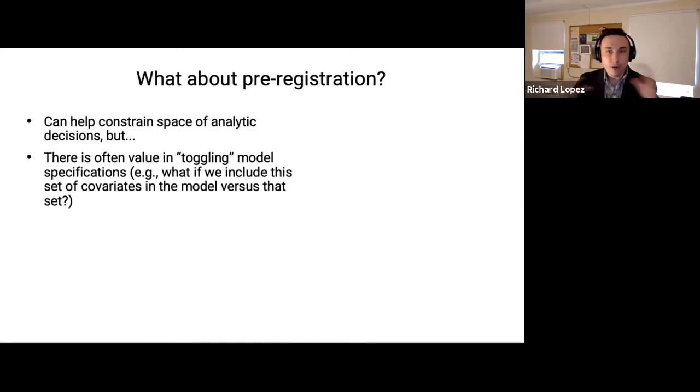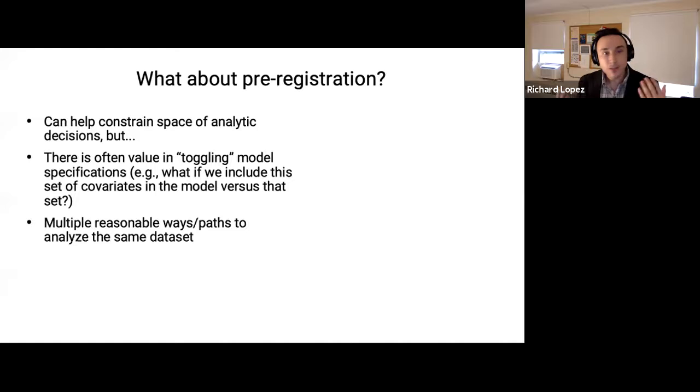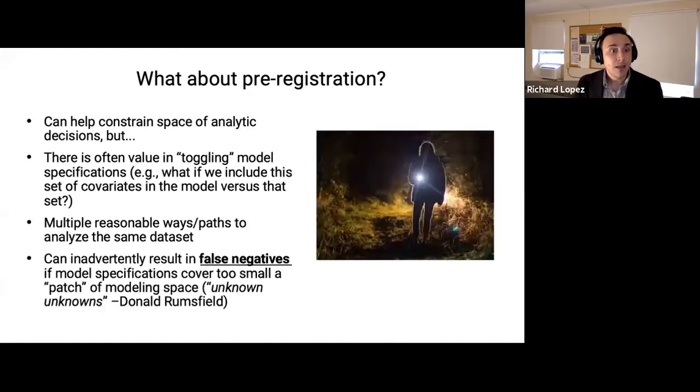And you're trying to pre-register all this ahead of time, but it could be quite unwieldy. And there are just multiple reasonable ways and paths to analyze the same data set. But I would argue that if you have too narrow a pre-registration, it can inadvertently result in false negatives because the model specifications cover too small a patch of modeling space.